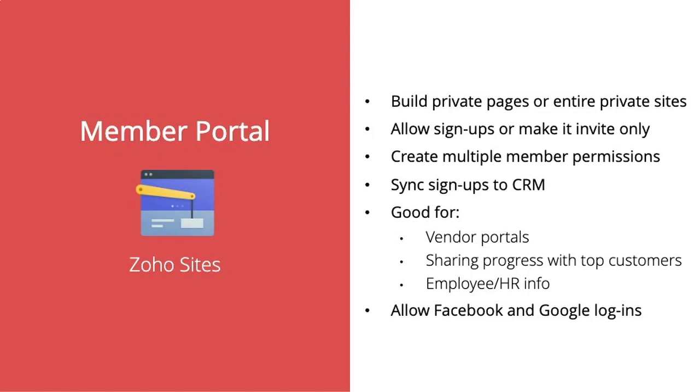What this is good for: employee portals, sharing information with top customers. If you're delivering services to your customers, maybe the best customers you do business with, you give them access to a portal, and that's where you can share documents and progress with whatever is happening for their project.